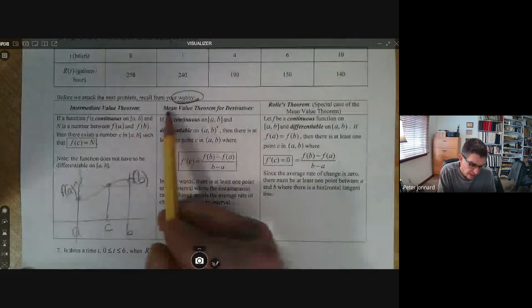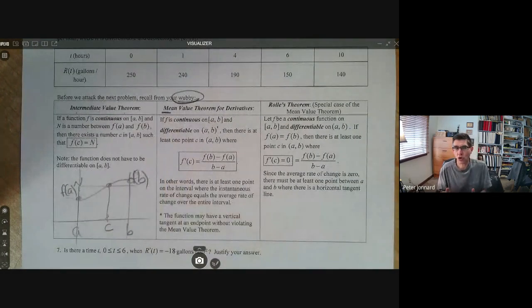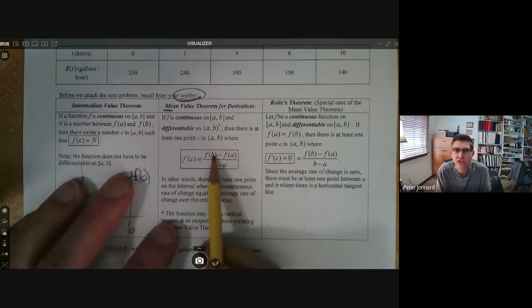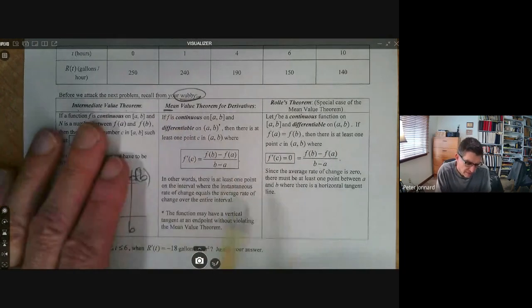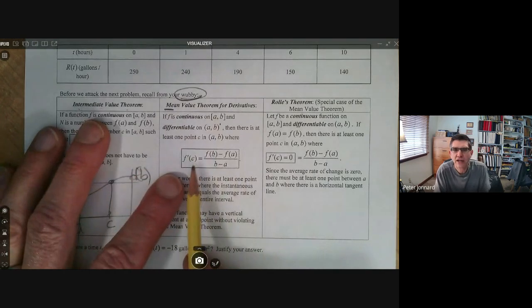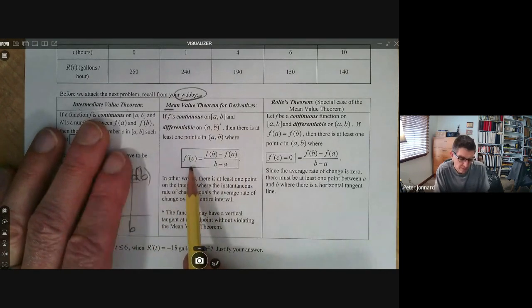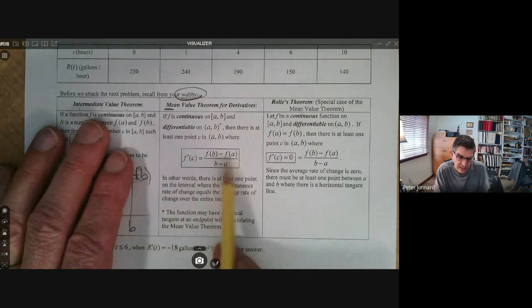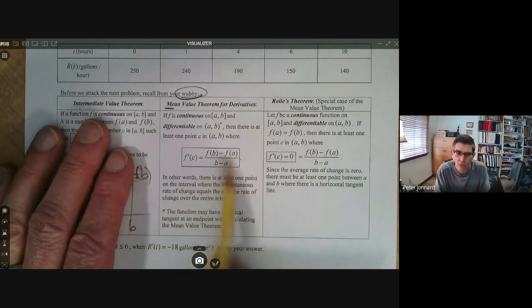The mean value theorem, I think of M like slope. That's how I remember this one. This is basically just the slope formula. What the mean value theorem says is that at some point on that interval, at least one point, the derivative is exactly equal to the overall rate of change.